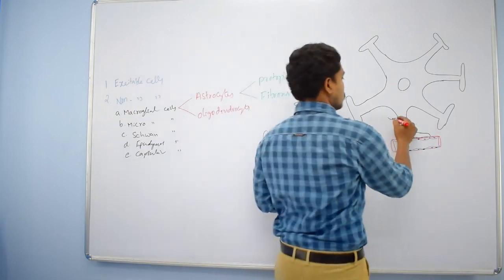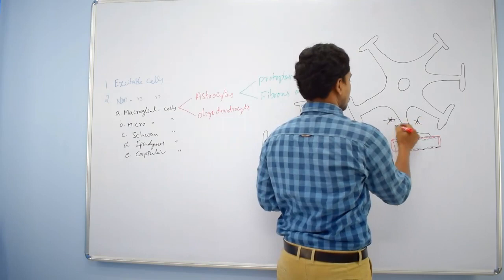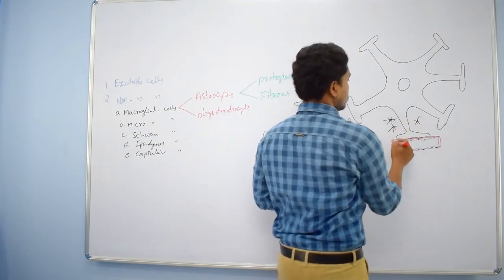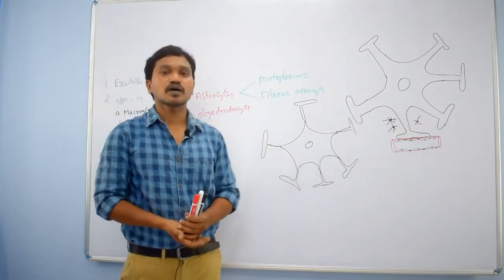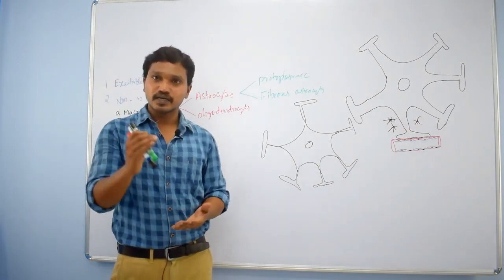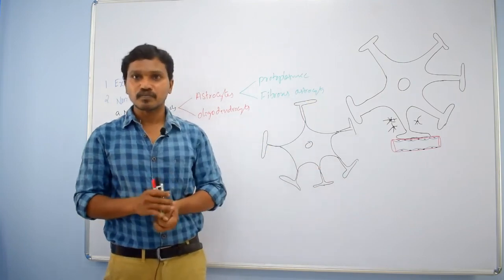Then here nerve cells will be present. These are nerve cells. Clear? So, this is the barrier or gate between the blood and brain tissue. Right?